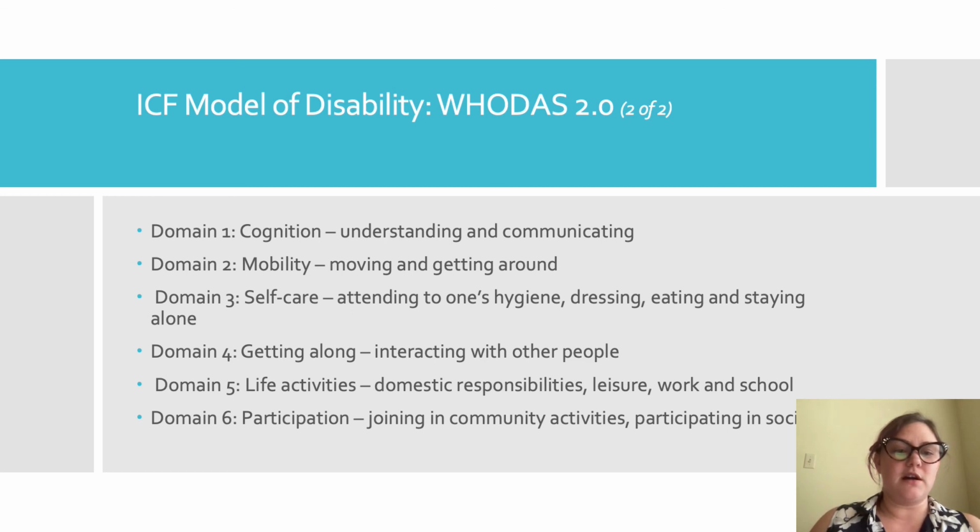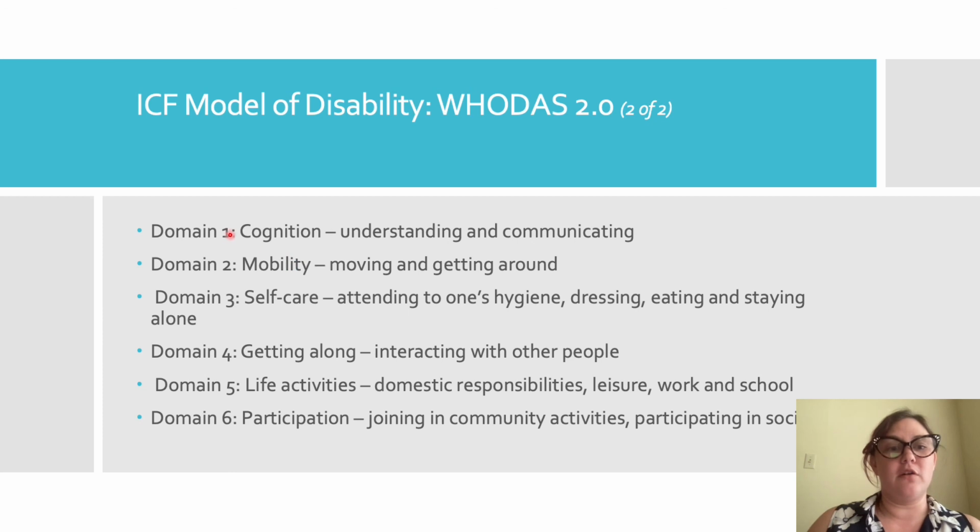These are the 6 different domains that the WHODAS looks at. And you can see that this is much more detailed and gives us a lot more information about a person than just whether they're autistic or not.